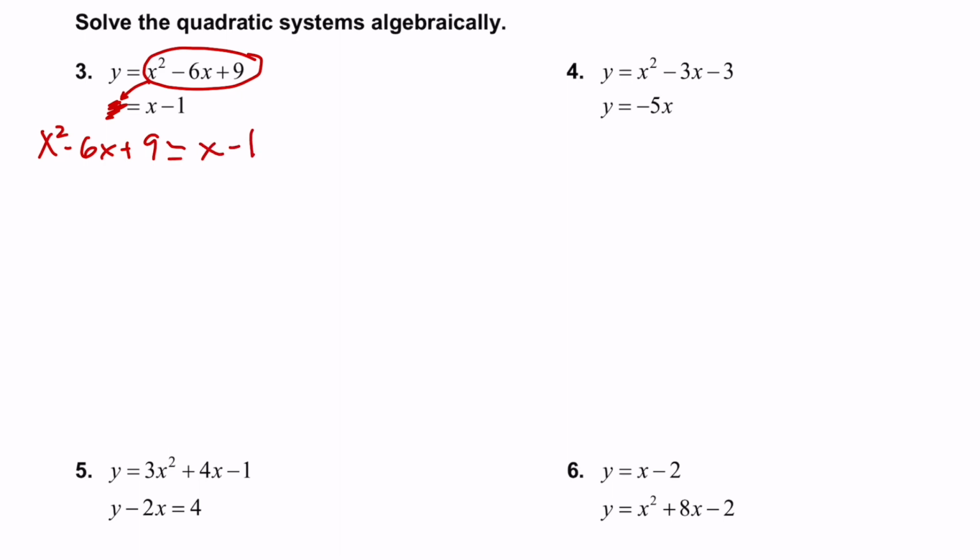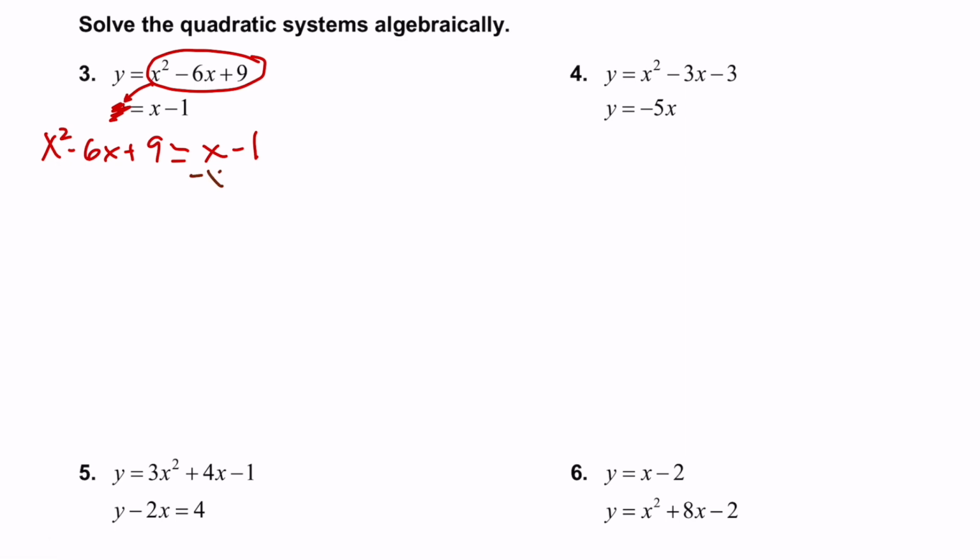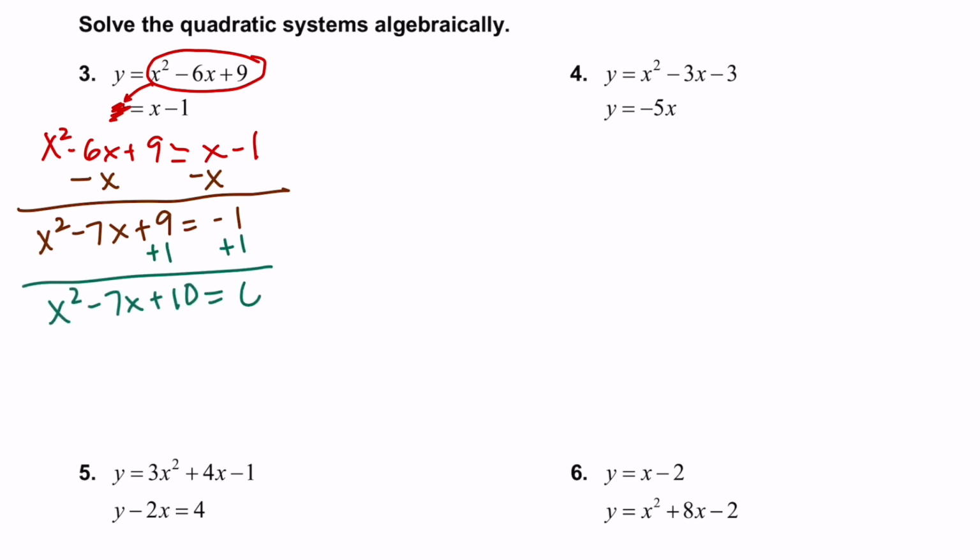Now, if you have an x squared and an x, we want to set it equal to 0. So I want to get rid of all of this stuff here. I'm going to subtract x from both sides of the equal sign, and then I'm going to add 1 to both sides of the equal sign. This equals 0. Then I'm going to look and see if it easily will factor.